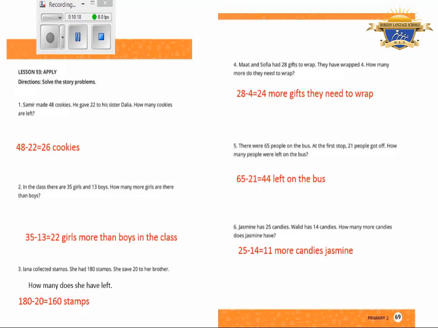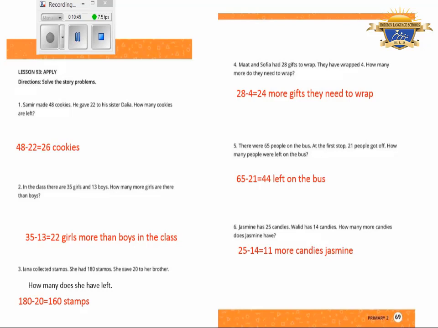So in this lesson we learned about story problems and the words we can see in story problems, which give me a clue that I should make a subtraction problem. And we learned about comparisons, and comparisons can be solved as subtraction problems.